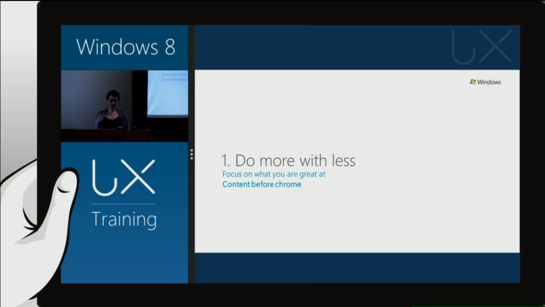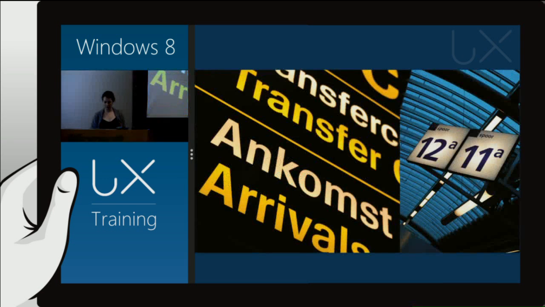The other strategy that we discuss when we talk about doing more with less is strategies around how you can elevate the content in the application and really reduce Chrome. And going back to some of the introduction where we were discussing Metro and what Metro means, one of the applications of modern Swiss design that we take a lot of inspiration from is its use in modern transportation signage.